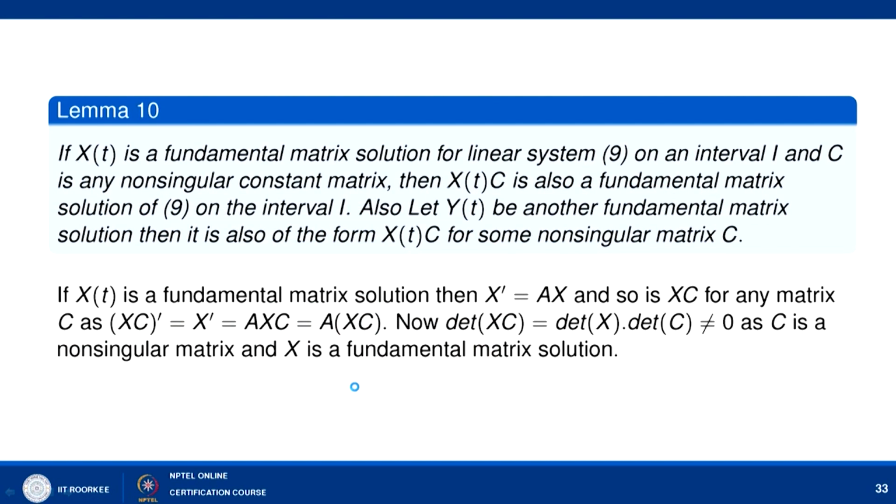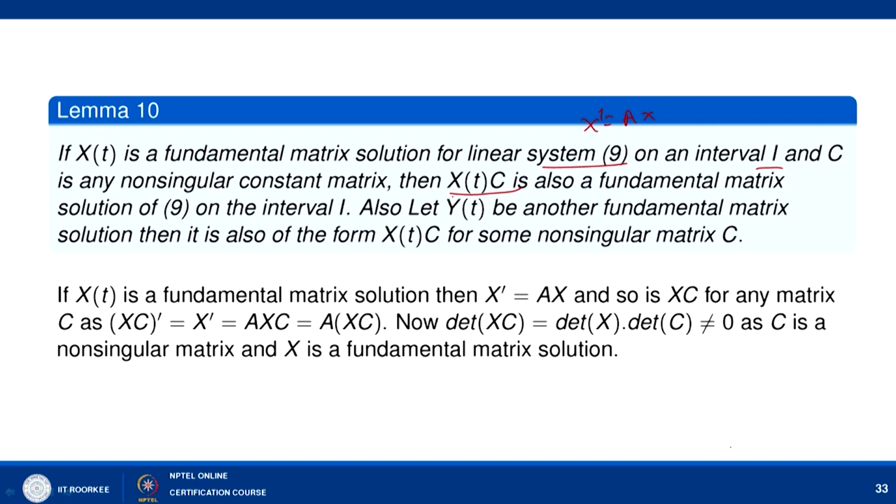It says that if X(t) is a fundamental matrix solution for the linear system x' = Ax on some interval I, and C is any non-singular constant matrix, then X(t)C is also a fundamental matrix.